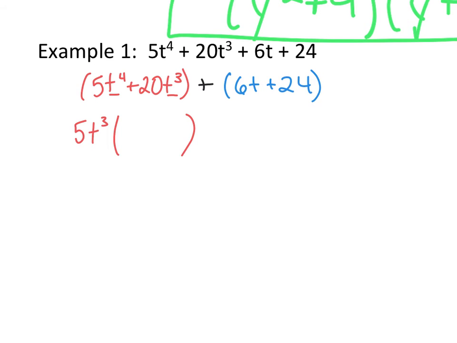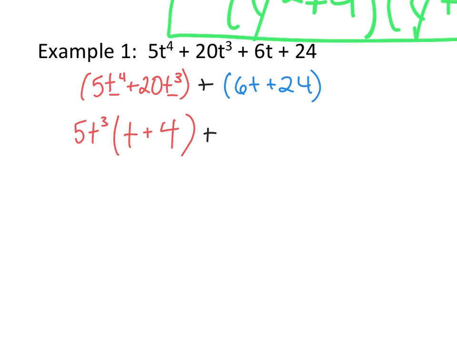How many t's are left? 4 minus 3. 1. So 1t. And then we've got 20 divided by 5 is going to be 4. And t to the third divided by t to the third cancels out, right? Keep my plus sign.